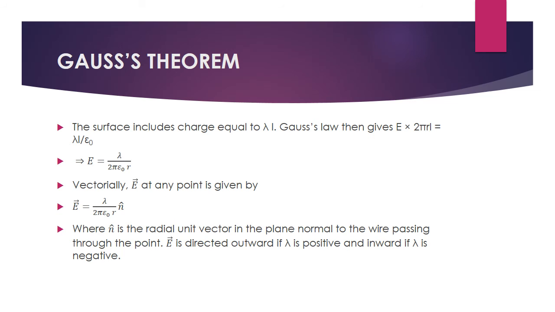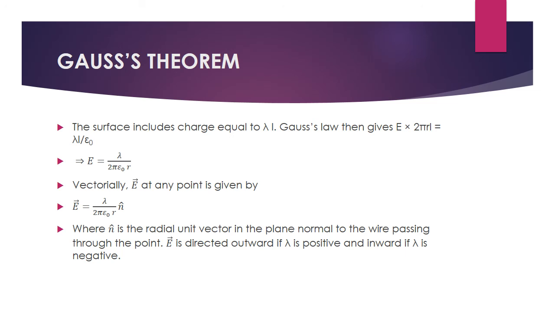Since the length of the wire enclosed by the Gaussian surface is L, the charge enclosed by the Gaussian surface is lambda L. In accordance with Gauss's theorem, total flux should be equal to 1 by epsilon 0 times the total charge enclosed by the Gaussian surface.